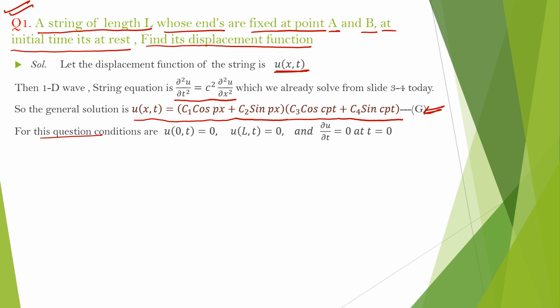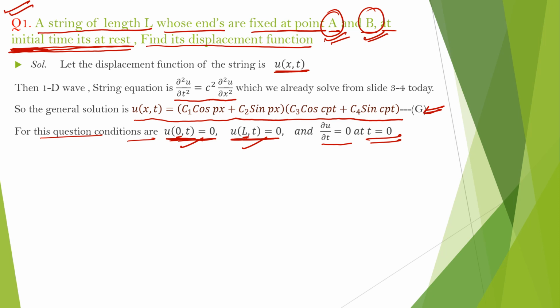Now for this question, the condition is u at the starting point is equal to 0 because the starting point is fixed, and u at the ending point is 0 because it is fixed at point A as well as point B. For point A the condition is this, for point B the condition is this, and the rate of change in u with respect to time is 0 because at the initial time it is at rest.